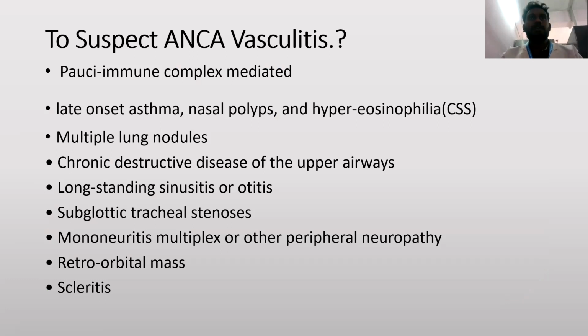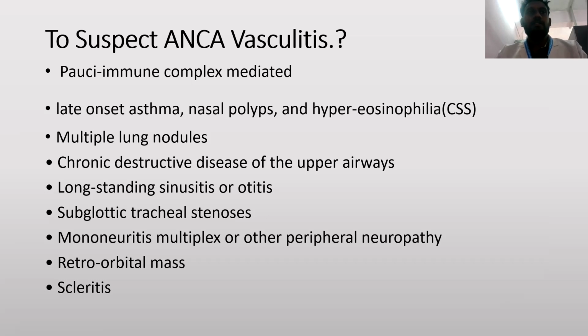So when do we suspect ANCA associated vasculitis? As we already saw, ANCA associated vasculitis includes Wegener's, Churg-Strauss syndrome, and microscopic polyangiitis. The main thing is it is quasi-immune complex mediated.